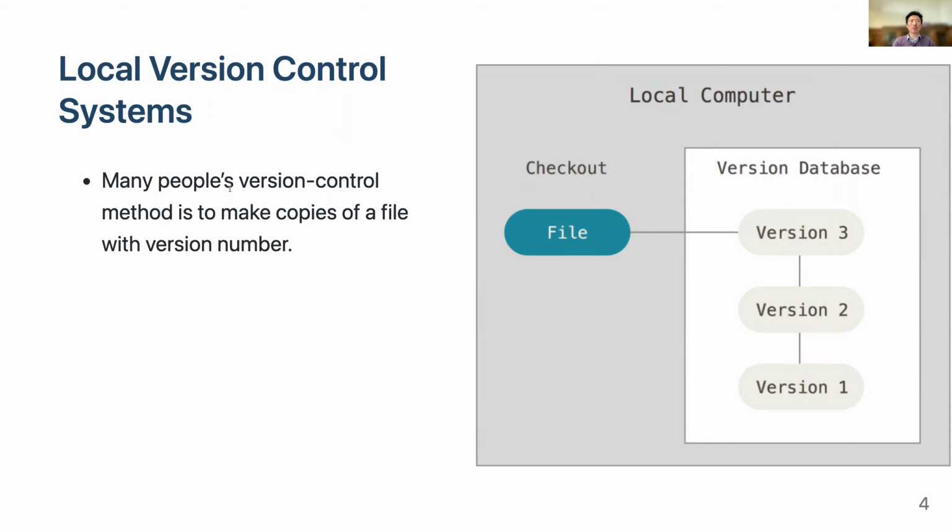And many of you are probably doing this already. For example, when you're writing a final report, you might create a Word document and you make a copy and name it version 0.1. And then later on, you create a new copy and name it version 0.2, and so on and so forth. So this is a collection of different versions of your document.